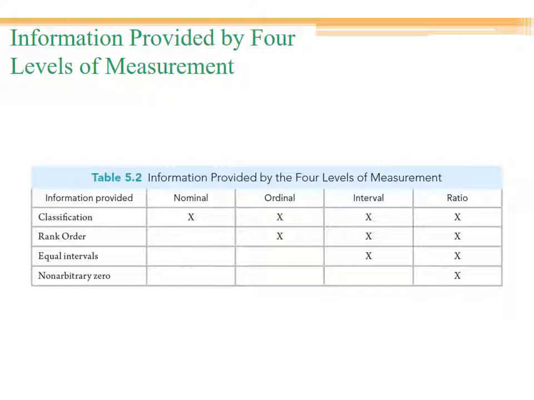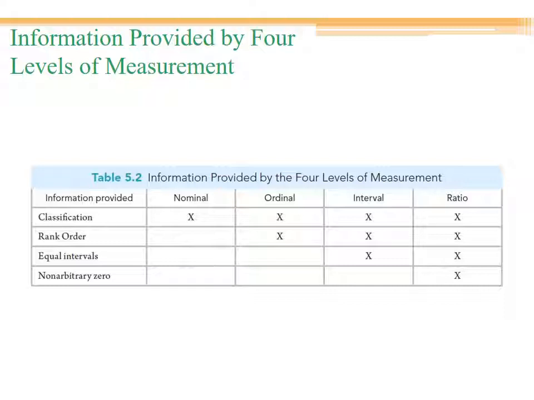So let's review the table that we saw at the beginning of the presentation. A nominal level of measurement, such as region, allows for classification. Ordinal, which was the stage of study or the degree to which you agree with a statement, allows for classification and rank order.